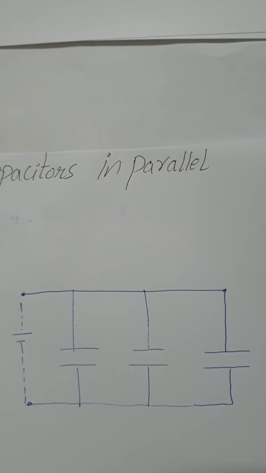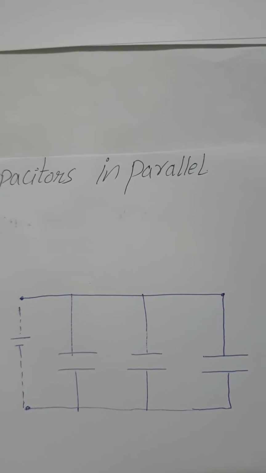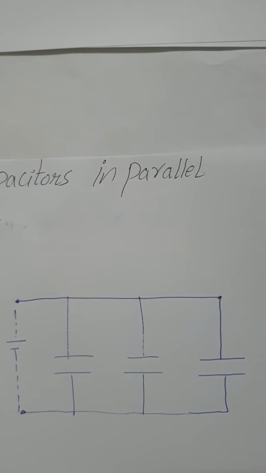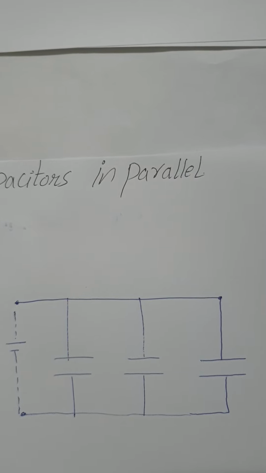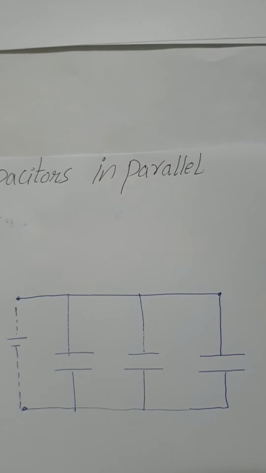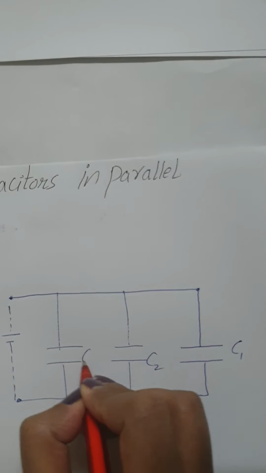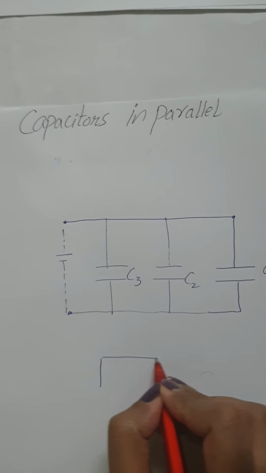So capacitors connected in parallel can be replaced with an equivalent capacitor, like the one we did in series. Let's suppose C1, C2 and C3, and now we can draw our equivalent circuit.